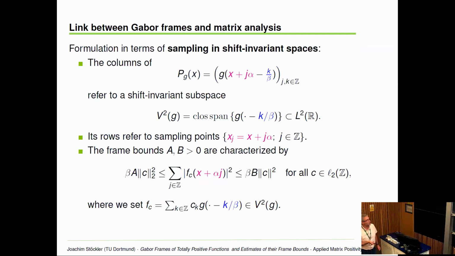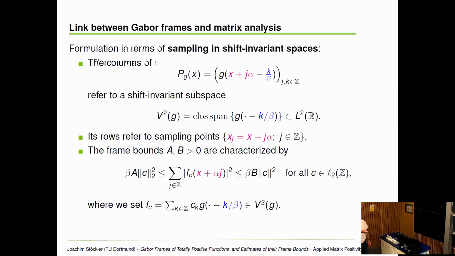Just to give a connection to what Charlie talked about, this can be considered as a sampling problem in a shift invariant space. You've got a shift invariant space, which I call V^2(g) here. The 2 is here for the L2 norm. But there should be a beta probably down here, because we are shifting by integer multiples of 1 over beta.